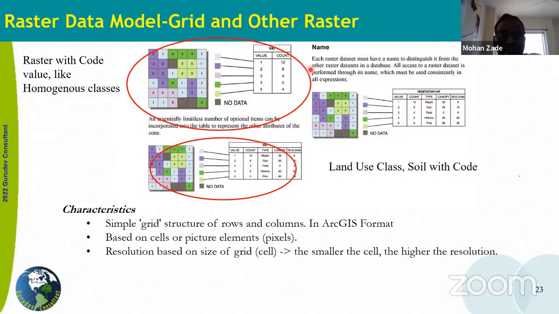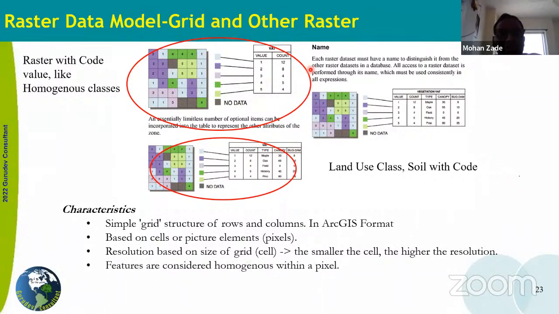And the resolution is based on your cell size. Now what you see is the cell size is your grid, and you might know megapixels, which are nothing but how many pixels there are per square inch. That gives the depth of your resolution and the clarity in your images.